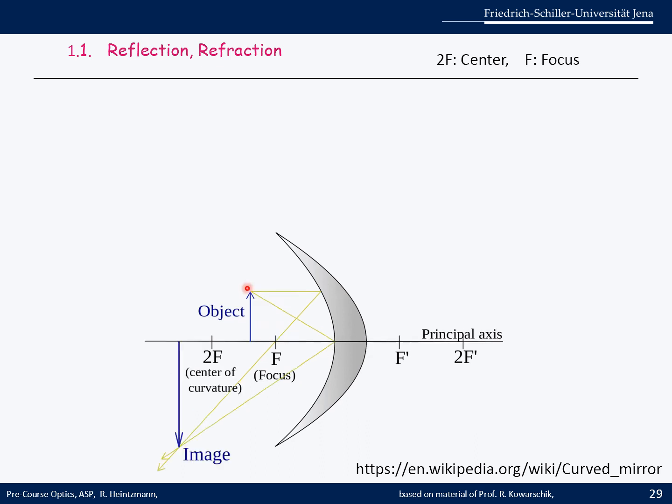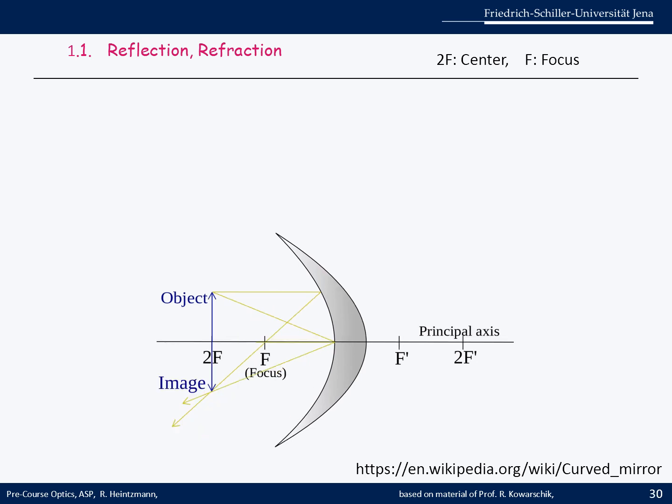So if we move the object further away, you see that we now get a real image that is upside down. So an inverted real image, and it's magnified here. And then we move the object even further away. At 2f, we just get, with 1x magnification, an inverted image. That means that the light rays here are crossing and they form an image.